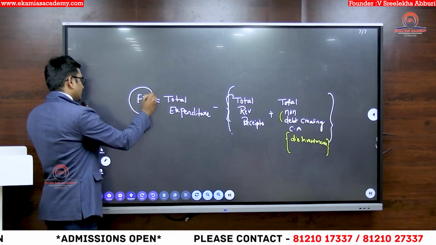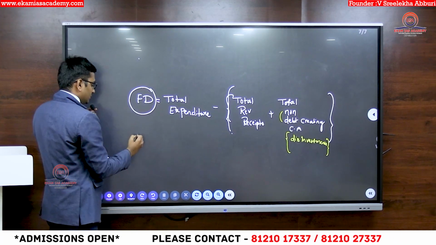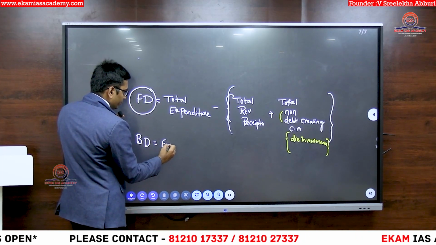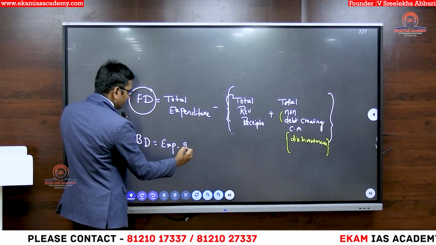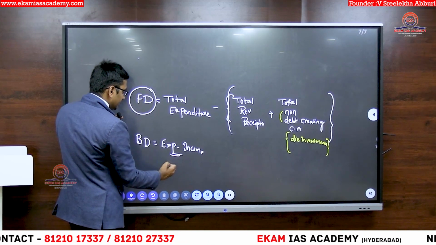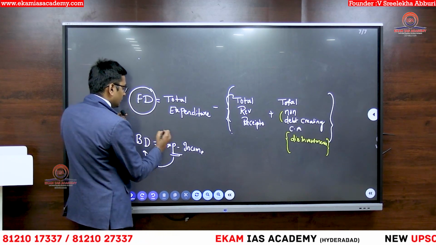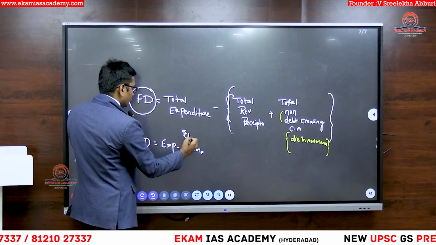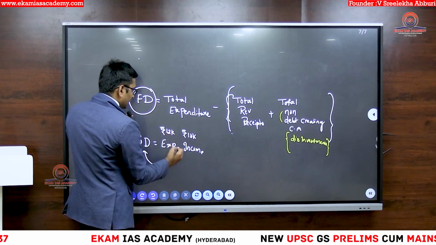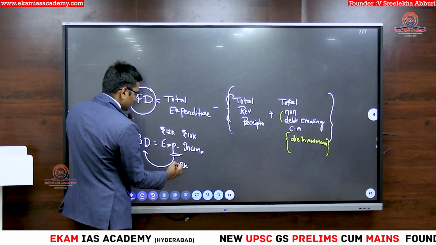What did I say about fiscal deficit? See, budget deficit is when our expenses are more than our income, then we are said to be in a deficit condition. That deficit is known as budget deficit. My parents are sending me 10,000 rupees per month, but I have expenses of 12,000. I am short by 2,000.